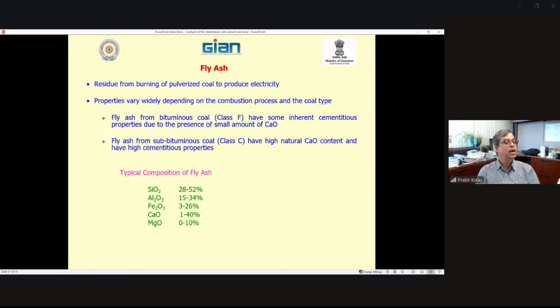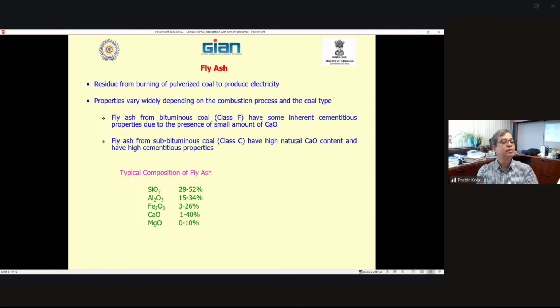There are two types of fly ash. You need to know Class F and Class C. Class F is pozzolanic and has less CaO. But Class C fly ash has more CaO, so that is more calcium. We need more calcium, right? Because cement and lime are high in calcium. So if you want to use fly ash, it is better to use Class C fly ash, because it is much more reactive.